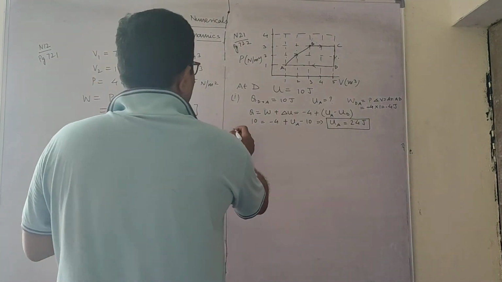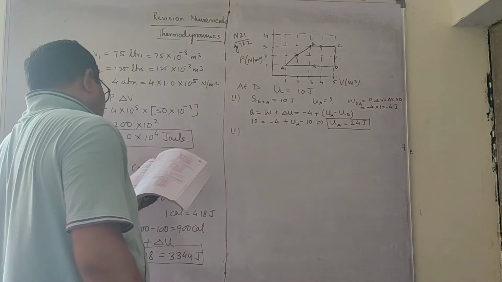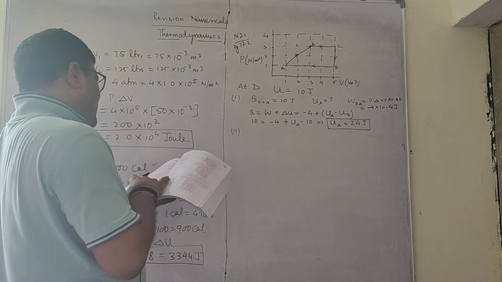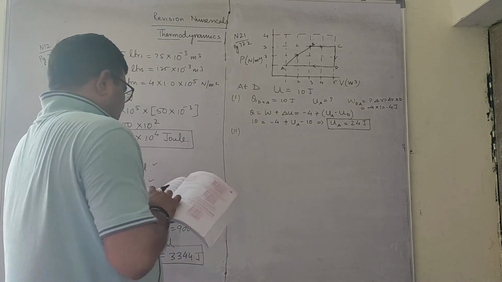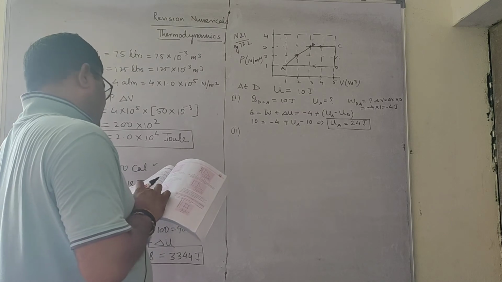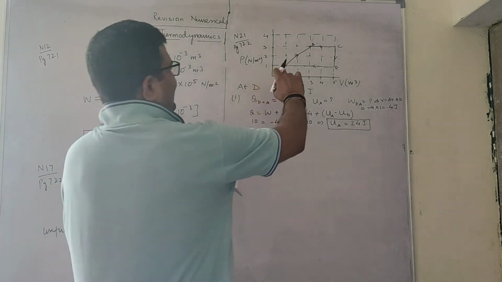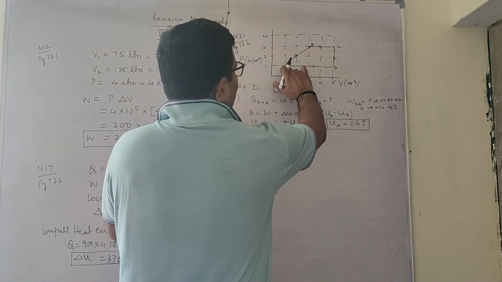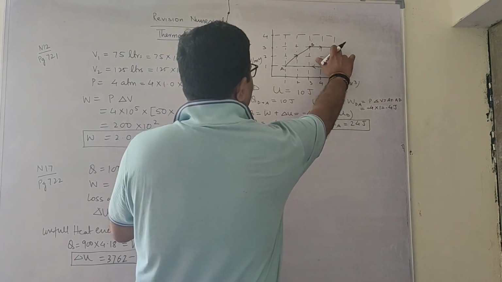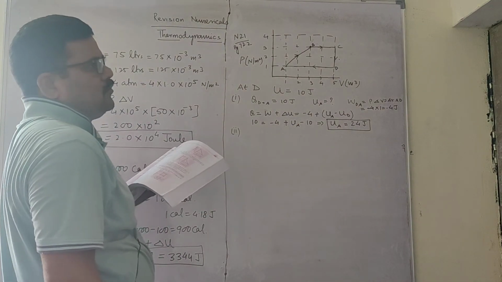Now the second part, total work done by the system when the system undergoes a process starting from A and again reaches to state A via going through states B, C and D. That is, you are starting from A, moving to B, then C, then D, and then again comes back to A. So what is the total work done?